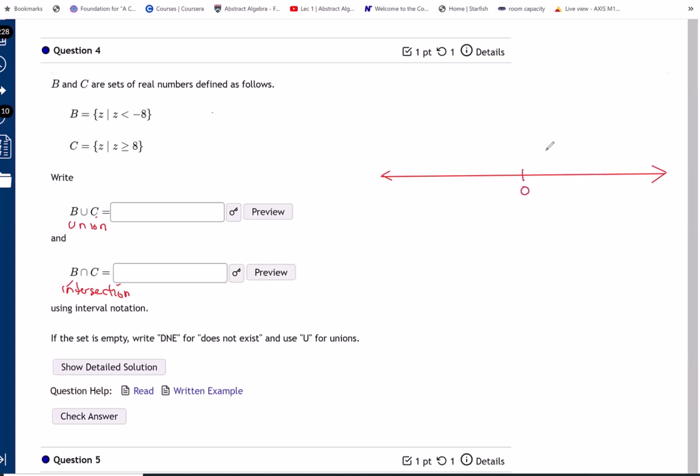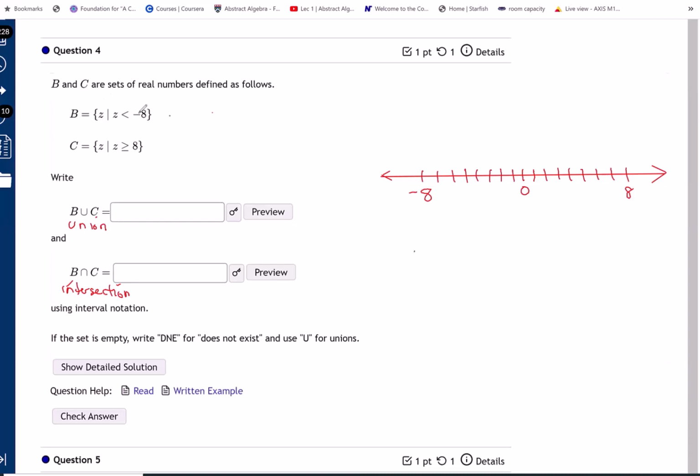There's 0. I have to go out to +8 and -8. 1, 2, 3, 4, 5, 6, 7, 8. -1, -2, -3, -4, -5, -6, -7, -8. Now we're going to put in our lines.